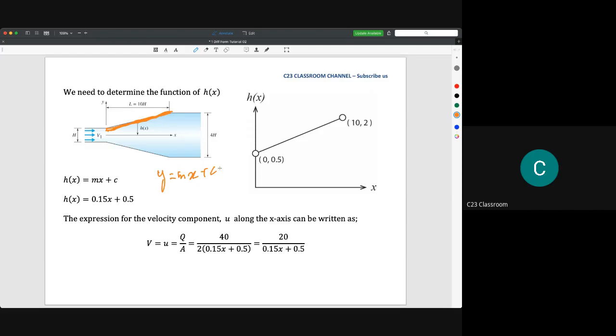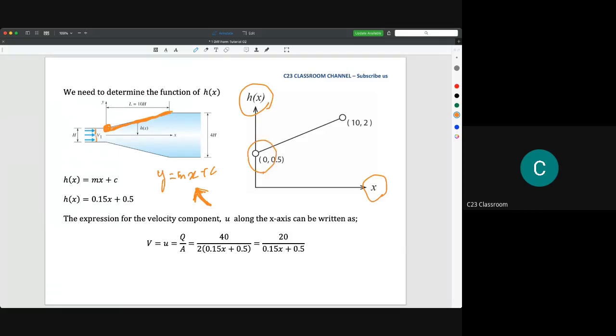So what you need to do is draw a graph and then come out with the function of the graph that you have. So we draw the y-axis here as hx and the x-axis here. At this point, the coordinate is 0 and 0.5.